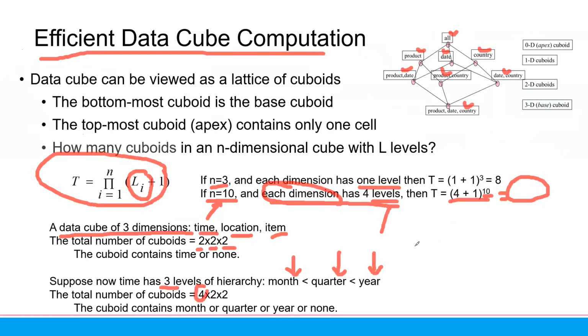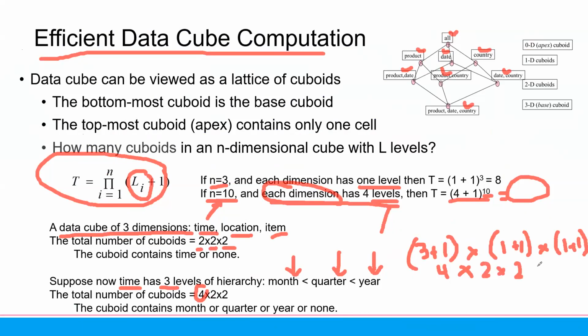If we have 3 levels, then we have 3 plus 1 for time, but the other dimensions will have only 2. Okay, we will do 1 plus 1 and then multiply with the others, which is 1 plus 1. Then we will have 4 multiplied by 2 multiplied by 2. So we can see how many cuboids we can build.